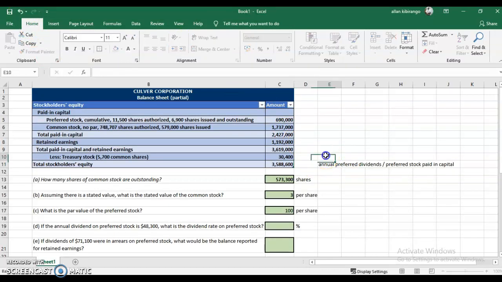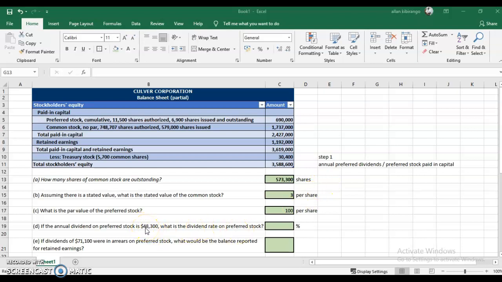So let us find the annual preferred dividends, which is already given to us here.